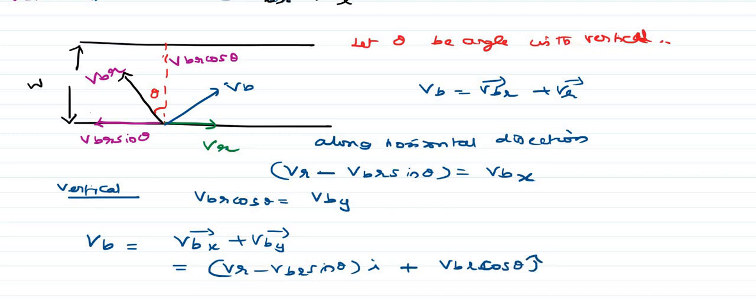This is along the positive direction I have taken, but this sign is not confirmed. If VR is greater than VBR sin theta it is positive; if VR is lesser, it will be different. Is that clear now? Till here, any doubt? This is purely concept, you need to understand clearly. Any doubt here? No, right?